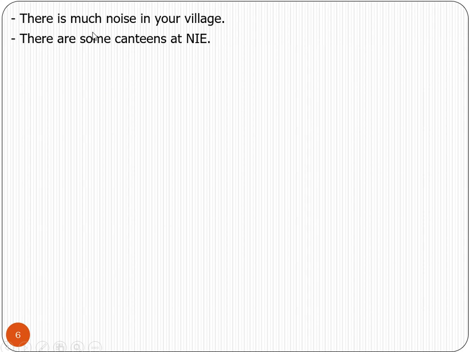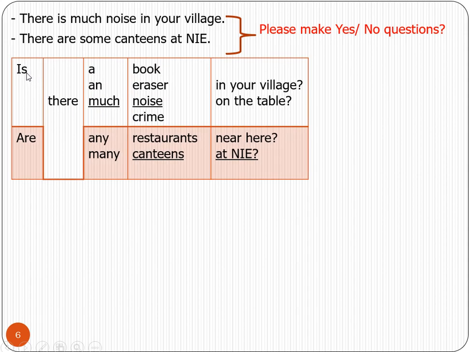So look at these questions. There is much noise in your village. There are some canteens at NIE. So please make yes/no questions. Can you make yes/no questions? Yes. So for example, is there much noise in your village?